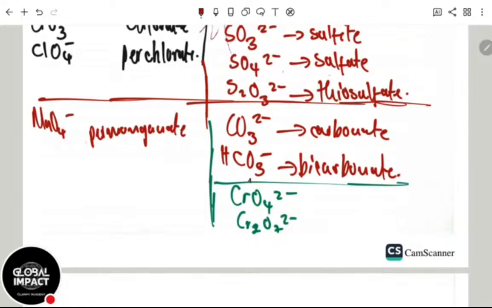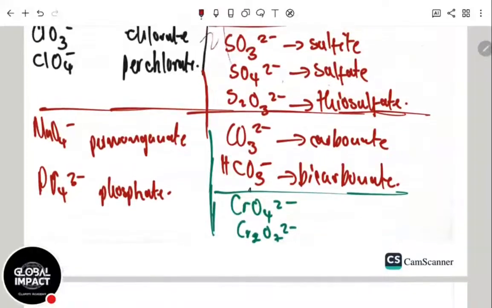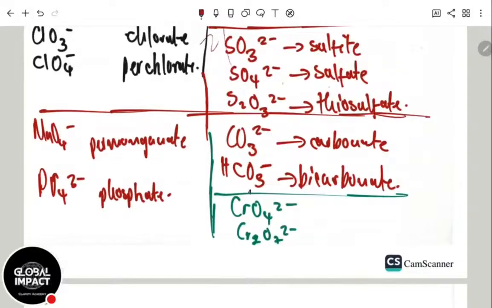Then we have the phosphate, which is going to be PO4 3 minus. This is going to be your phosphate. And you are done. Oh, we left the acetate. CH3COO minus. This is the acetate if you meet it. Okay, this is the acetate.